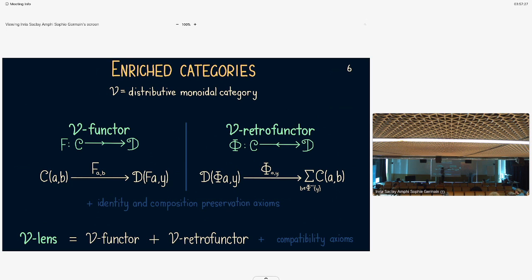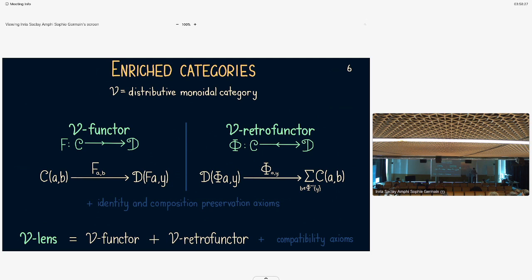So for an enriched retrofunctor, we again have an object map from the object set of C to the object set of D. And then for the lifting maps, for every object A of C and every object Y of D, we have one of these morphisms that goes from the hom object from phi of A to Y to this sum over all of the things in the fiber over Y of the hom object from A to B. So this is encoding the lifting part of these morphisms, and obviously, these things have to satisfy certain axioms that encode the fact that the identities and the composites are preserved.